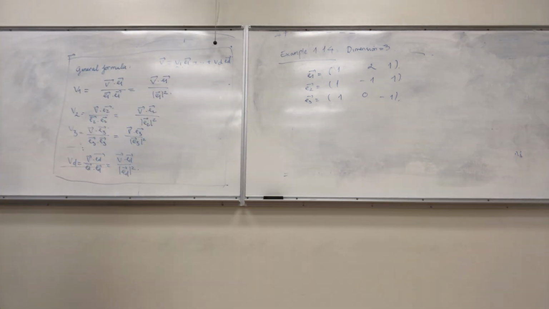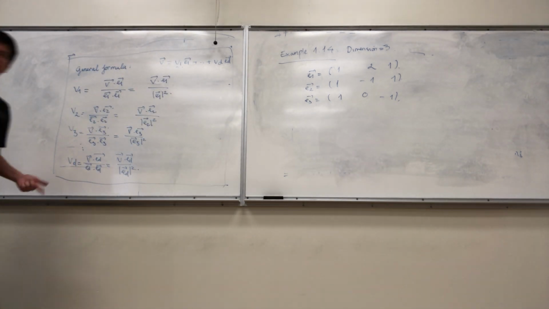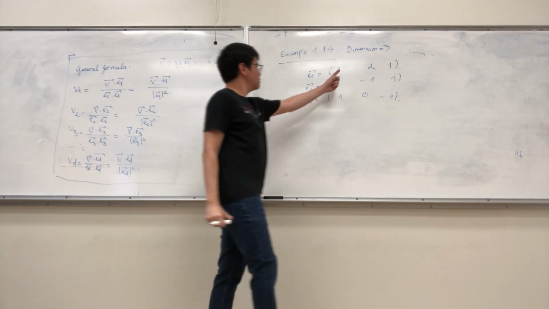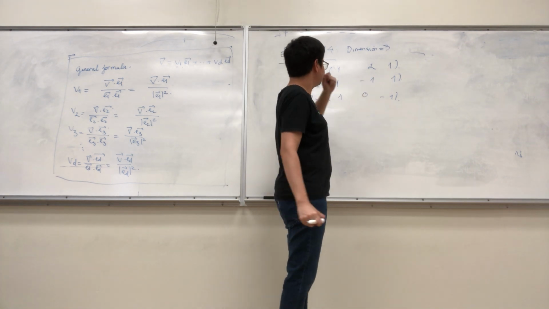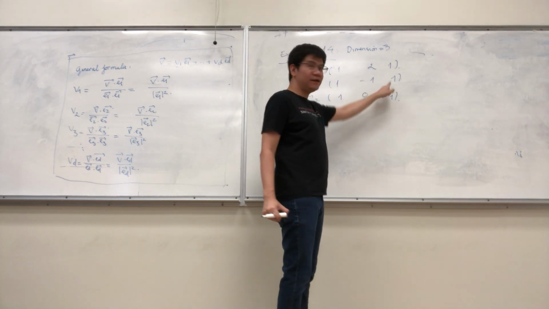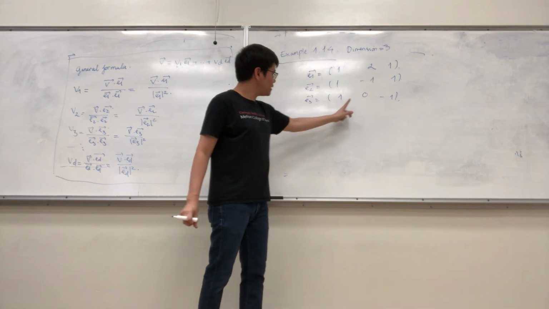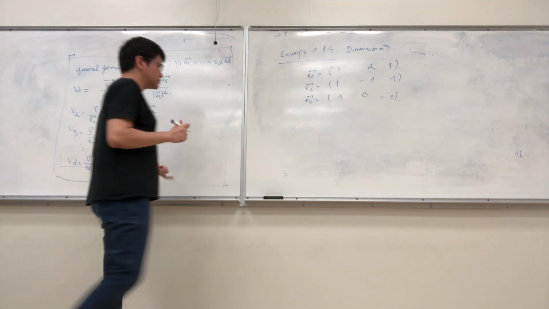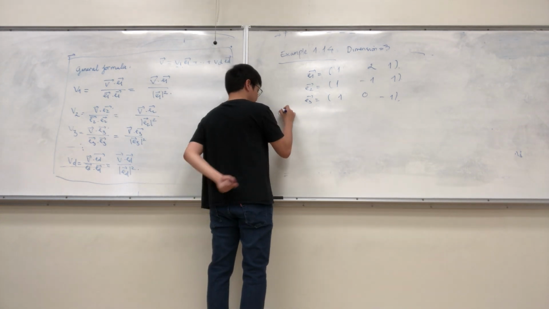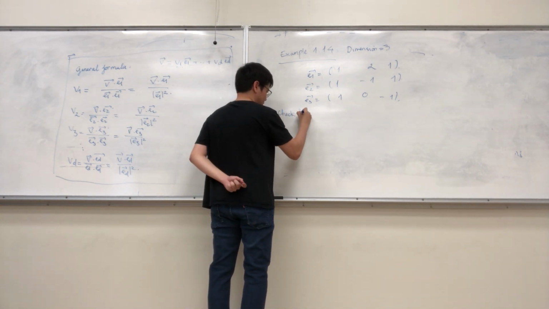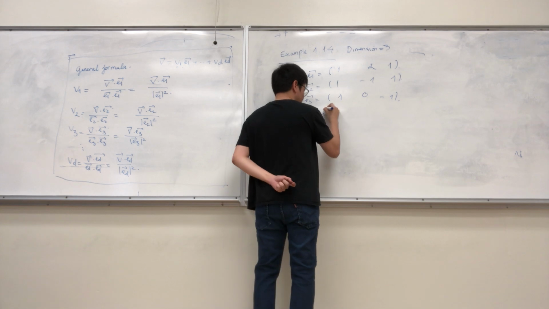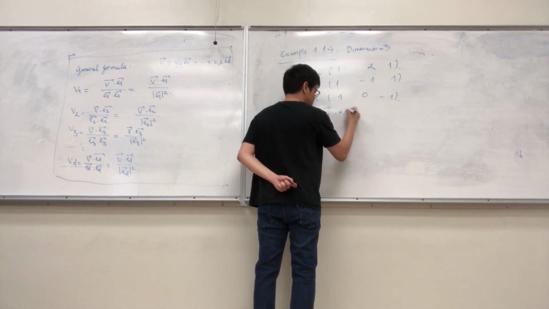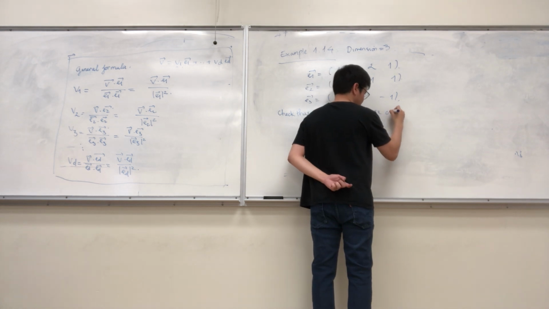All right? So, in this case, we have three vectors: 1, 2, 1; 1, minus 1, 1; and 1, 0, minus 1. All right? So what we're going to do is check that E1, E2, E3 are orthogonal.